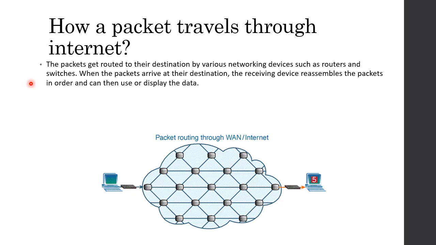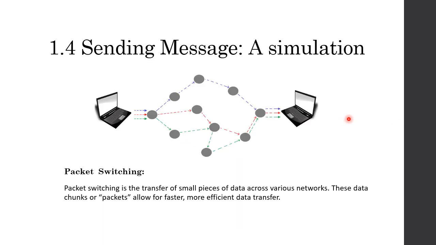When the packets arrive at their destination, the receiving device reassembles the packets in order and can then display the data. You can see in this picture, from the computer we have sent the message, and now it has been converted into different packets, and they will be reassembled at this router and displayed on this computer. Okay, now sending a message as a simulation, 1.4.